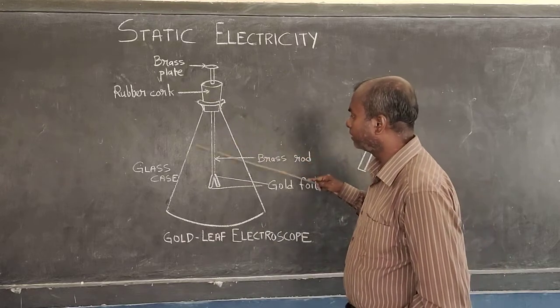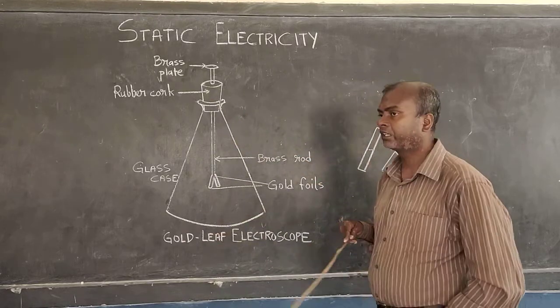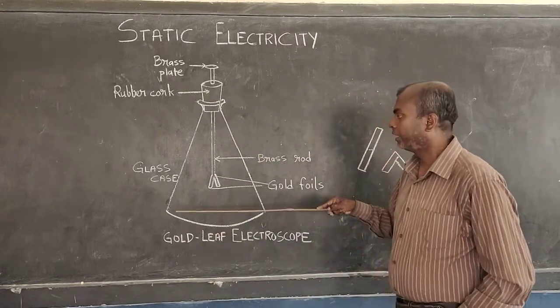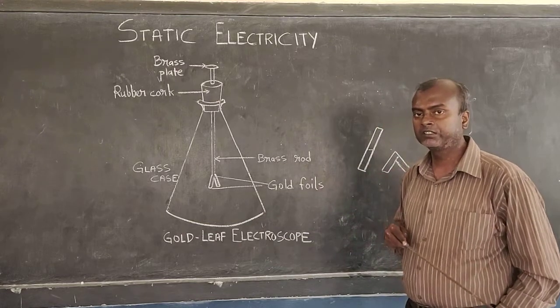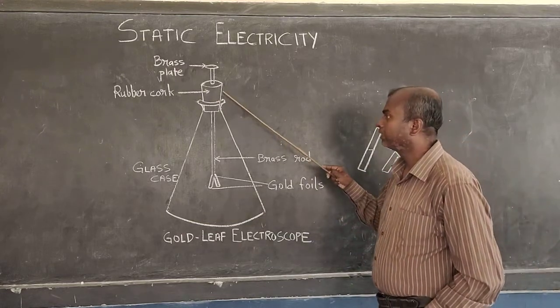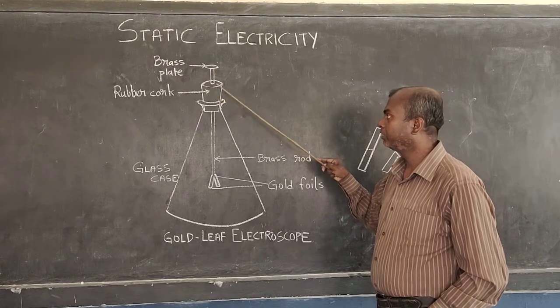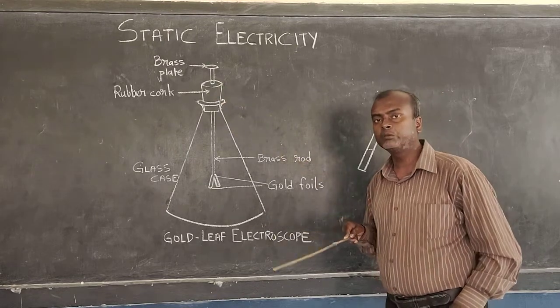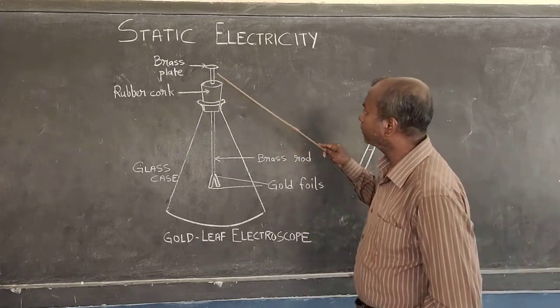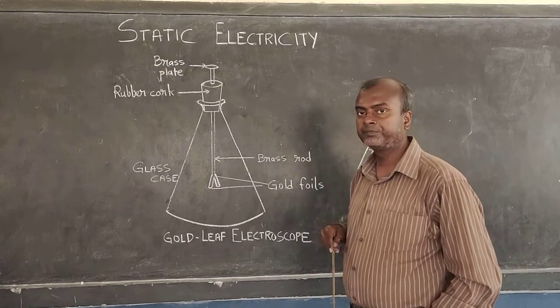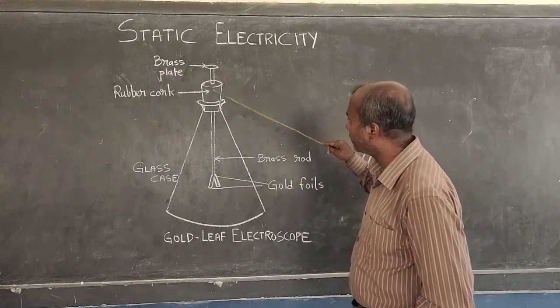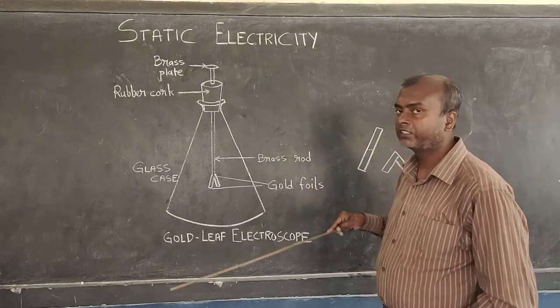Now this is a glass case, like a triangular flask, sealed with a rubber cork. In the rubber cork there is a hole drilled through which a brass rod is inserted.